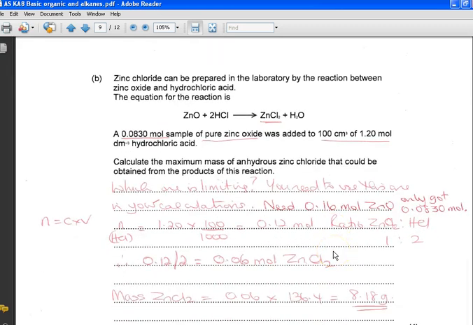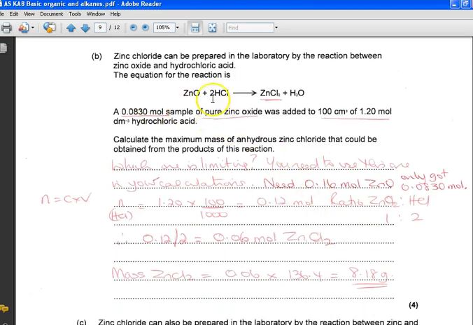Okay, and then we're going on, you're given some information about a reaction, zinc oxide and hydrochloric acid. You're told a number of moles of zinc oxide, and you're given a concentration and a volume for the acid. So you can work out the number of moles of hydrochloric acid, and you recognise that you need to have twice as many moles of the hydrochloric acid than the zinc oxide.